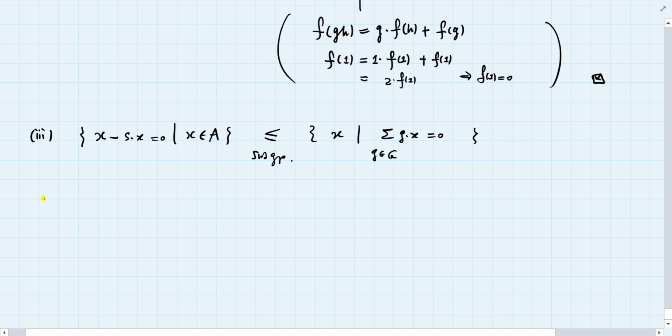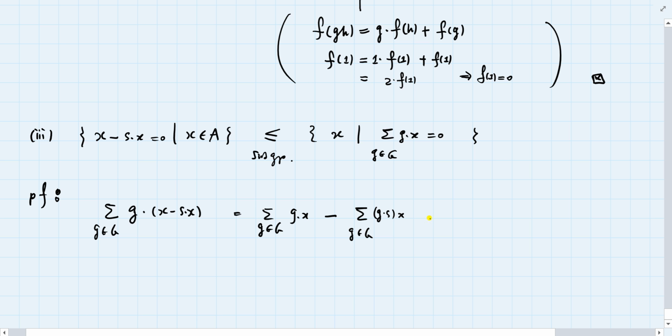That's what we have to prove. So what do we have to check? First we have to check it's a subset. So summation of G acting on x minus x. What is this? This is just G acting on x minus itself.